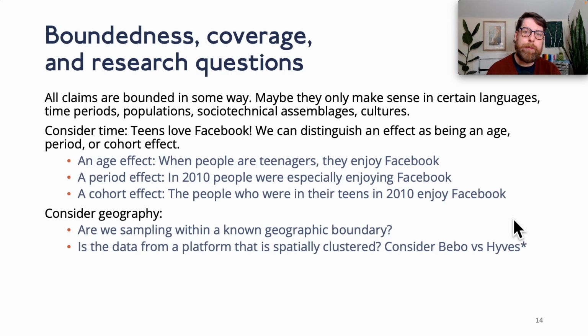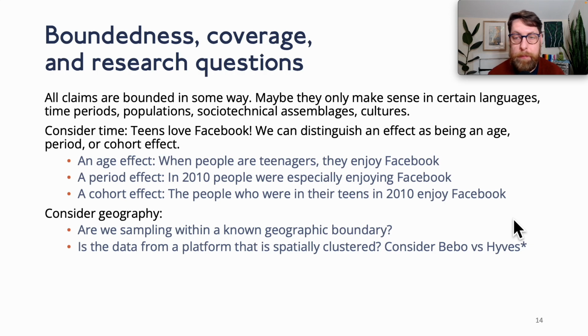We also think about the platforms themselves as being spatially clustered. Consider Bebo versus Hives, which haven't been relevant in over 15 years. There was a time in the aughts when there were a lot of nationally popular social media sites.